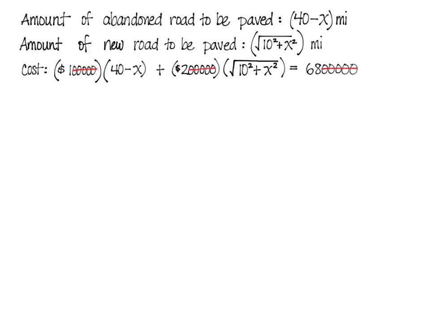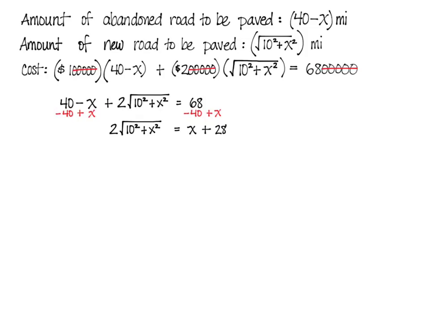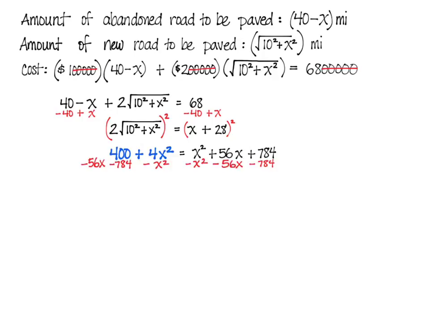So we're going to simplify this equation. I'm going to divide everything by 100,000 and get that. Simplify the equation even further by isolating the square root. Once we've isolated the square root, square both sides to eliminate the square root. Now I see I have a quadratic, so I'm going to collect everything over on the left-hand side, and I have that quadratic.